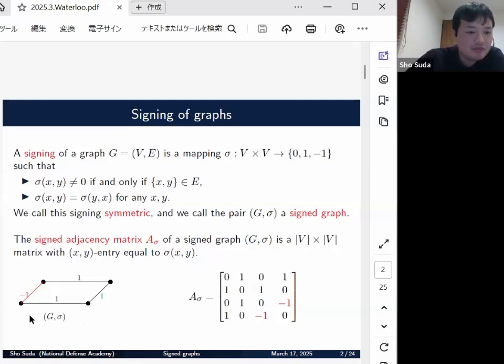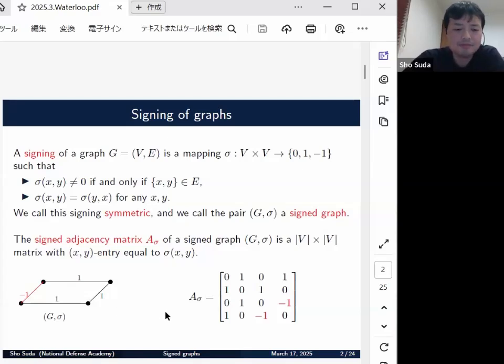If we assign values to each edge in this way, 1, 1, 1, and -1, so one of the 4 edges receives a negative entry, we call this a signed graph.